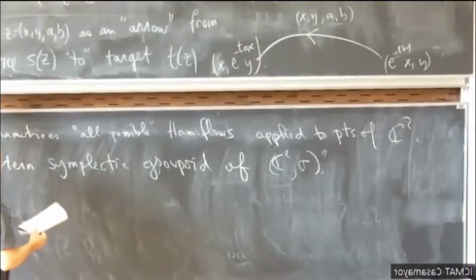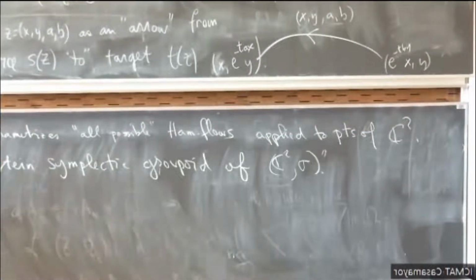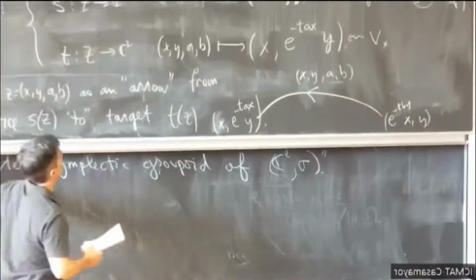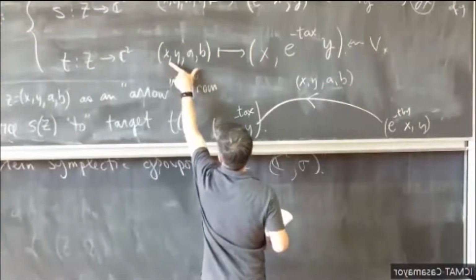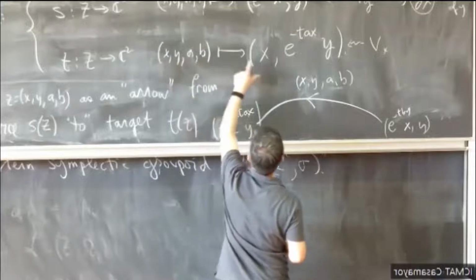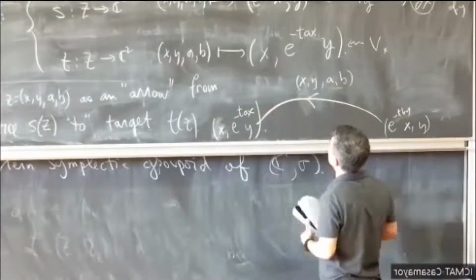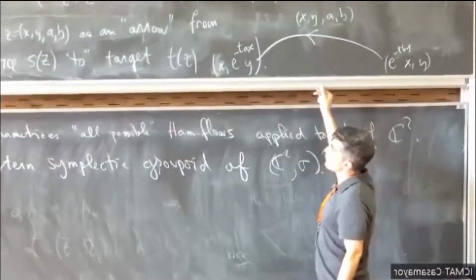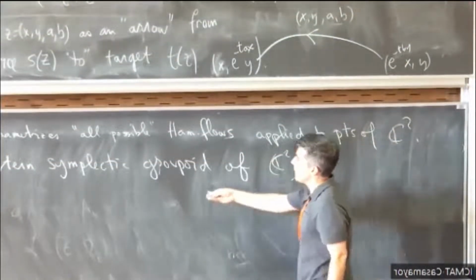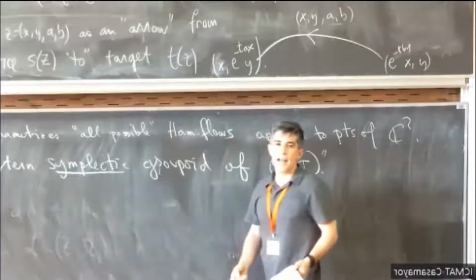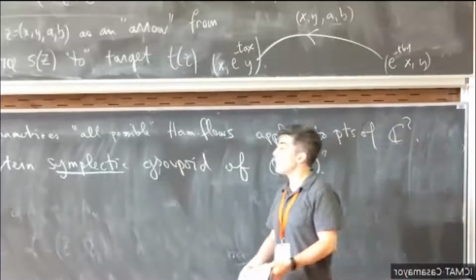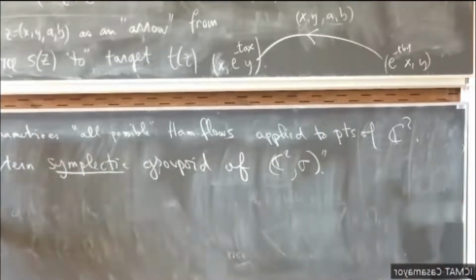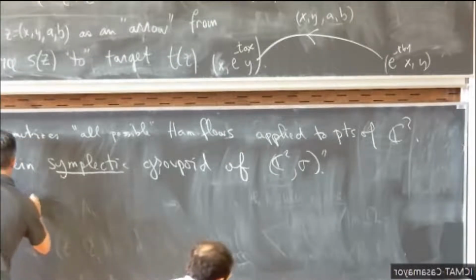The thing which is maybe not so obvious, when I describe it as the parametrized family of all these Hamiltonian flows, is the fact that it has a canonical symplectic structure, the symplectic structure on Z.